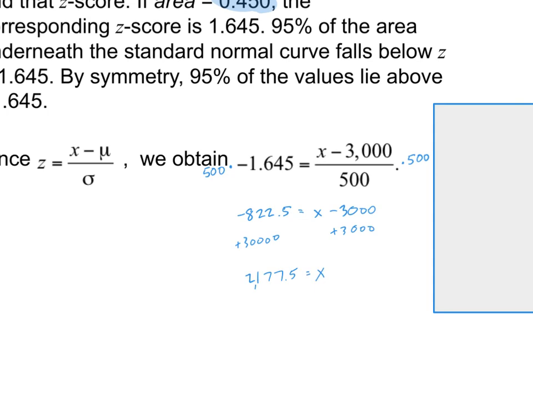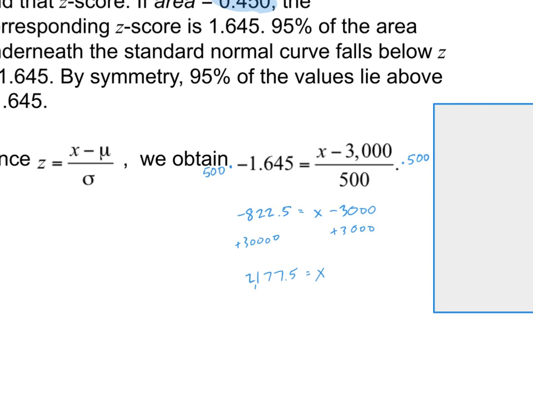So when we solve for the number of hours, we get 2,177 hours. That's how long Samsung needs the warranty to be, so that only a few of the televisions will be covered once they break.